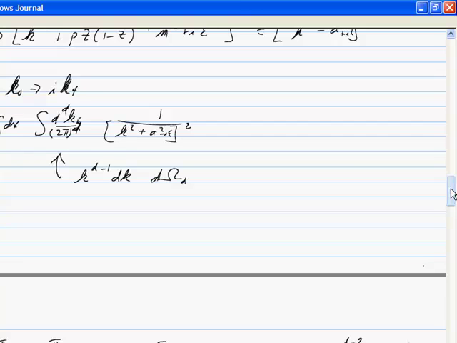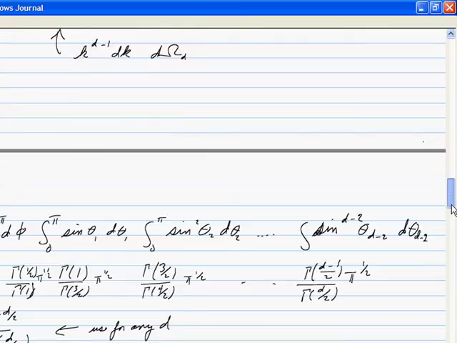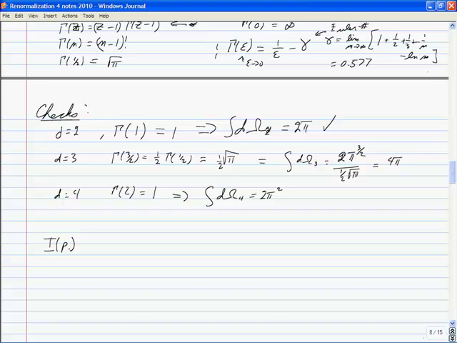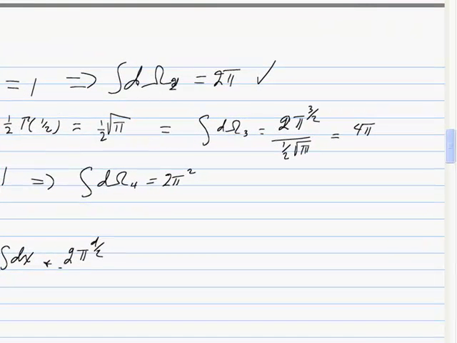So now all we have to do, let's copy it over, I of p has a factor of i mu to the 4 minus d, integral dx. We just did a factor of 2 pi to the d over 2 divided by gamma of d over 2.